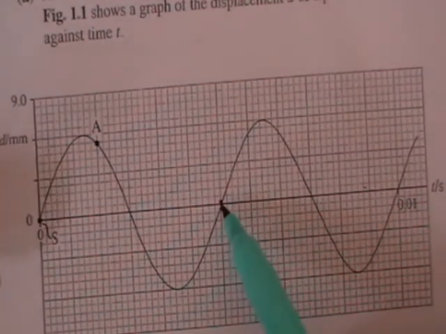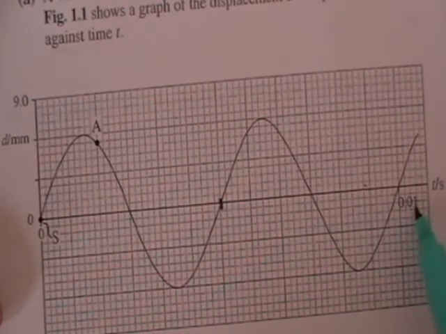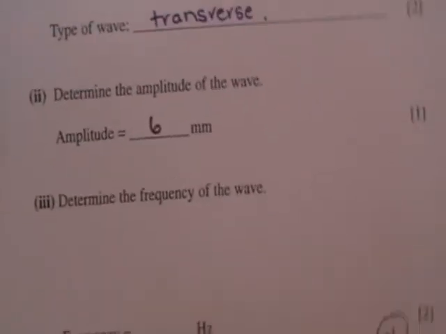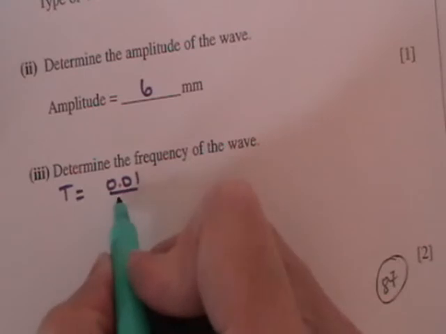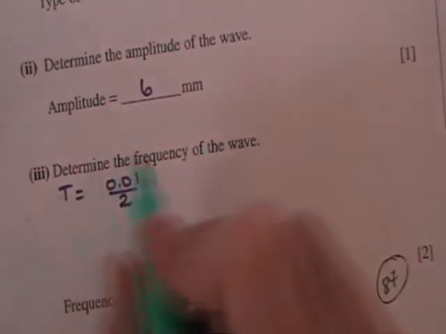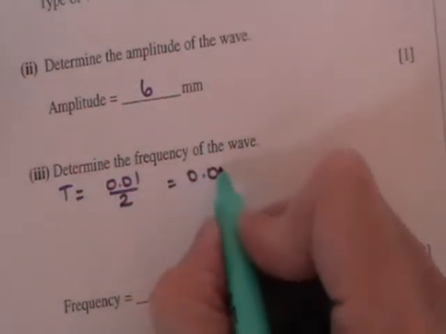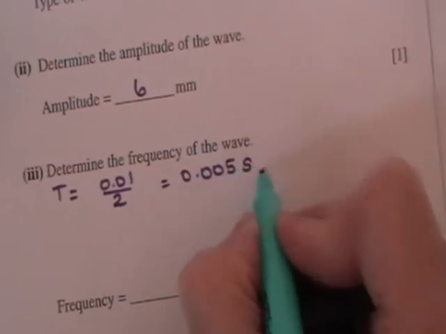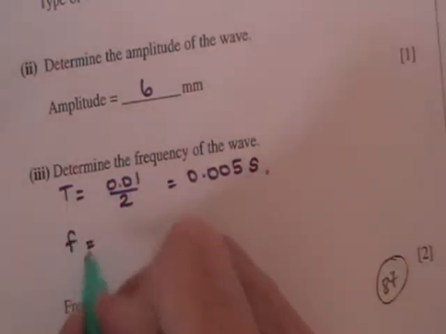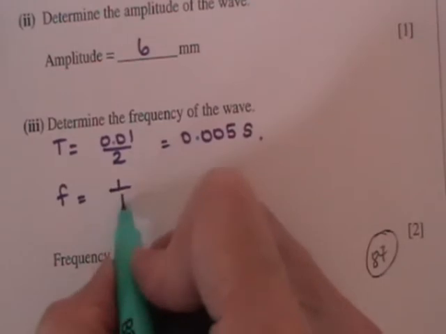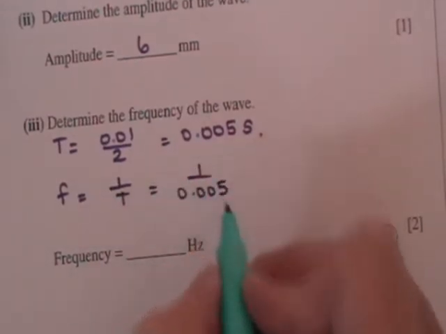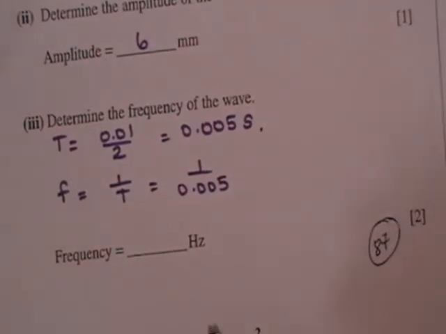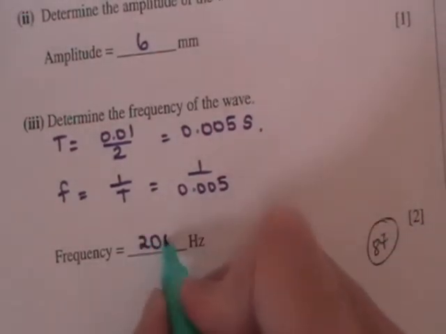So we'll assume that 6 squares is half of 0.01, and therefore the time period for one complete wave is 0.01 divided by 2, which gives you 0.005 seconds. And therefore the frequency is equal to 1 over the time period, which is 1 over 0.005, and that gives you 200 Hertz.